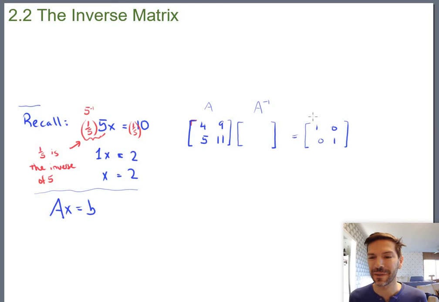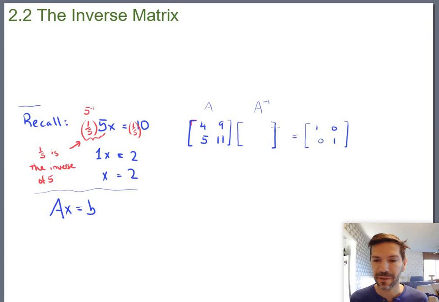This is the one that will give you 1 of the first column in the first column and 1 of the second column in the second column, right? This is the identity that you can multiply by a matrix and just get the matrix or the vector. Okay, so anyway, all that to say, that's what we're trying to produce.